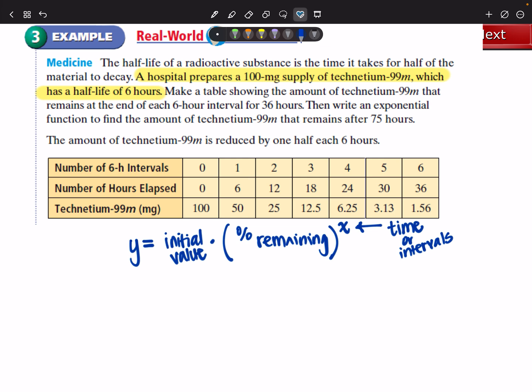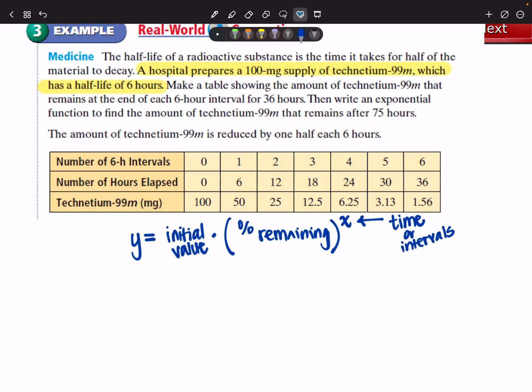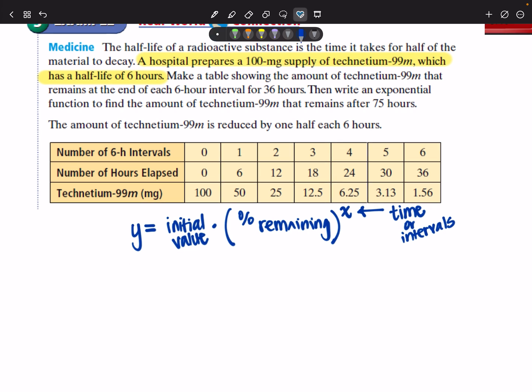Okay? So, we're going to write an exponential function to find the amount of technetium that remains after 75 hours. 75 hours is not going to be a 6 hour interval. It's going to be somewhere in between. So we're going to start with y equals, the initial value is 100 milligrams.